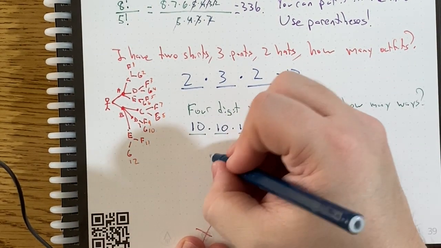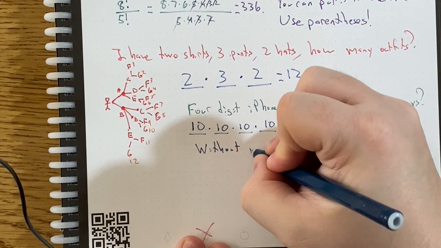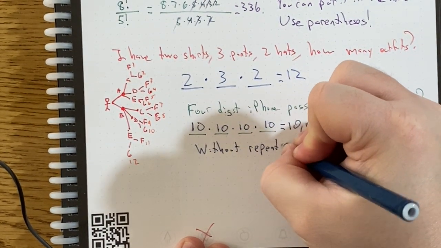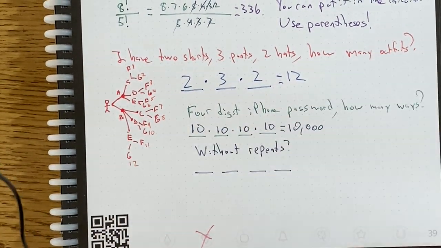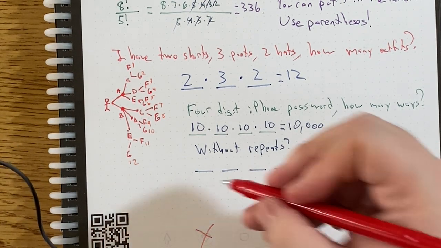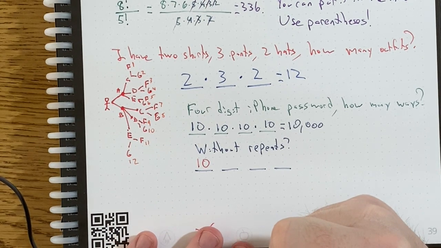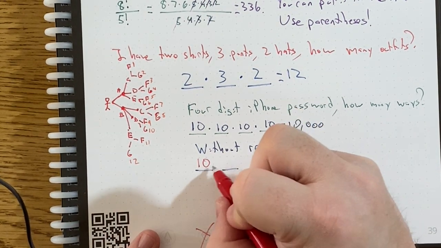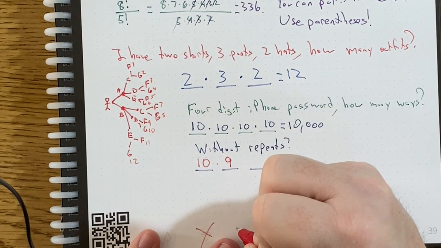Then I could also ask you, without repeats. So let's say you didn't want any number to be the same. So it's basically the same steps. There's still 0, 1, 2, 3, 4, 5, 6, 7, 8, 9. 10 different options. But now you've used one of those options already. So next one, there's only 9 numbers you can use.